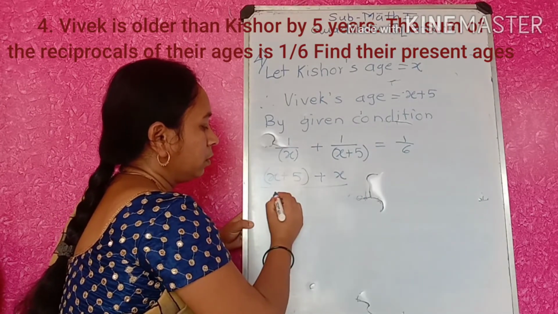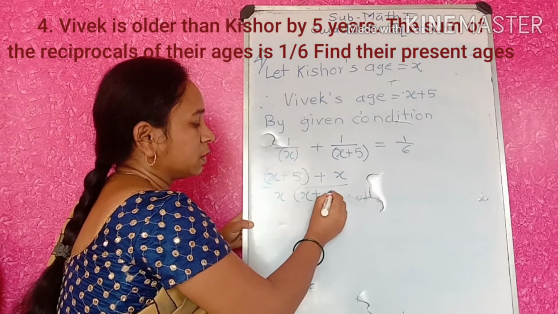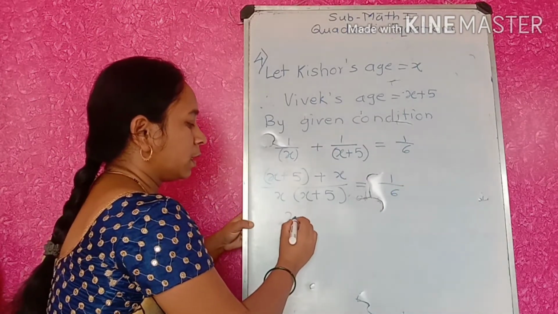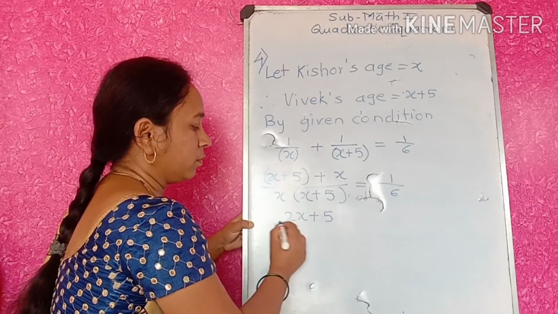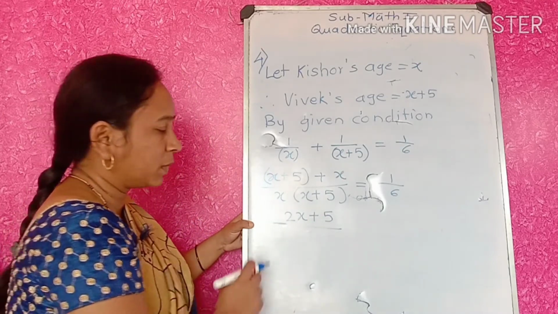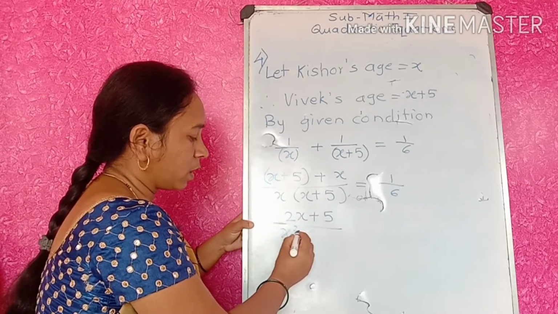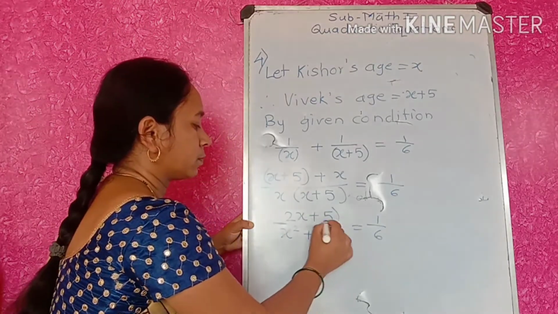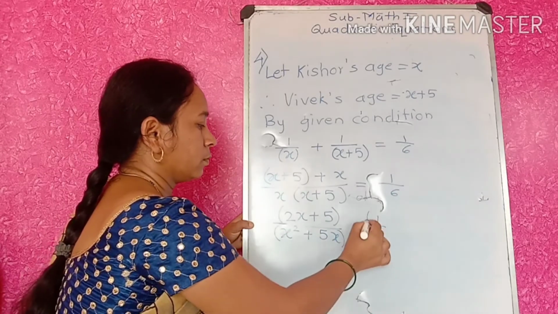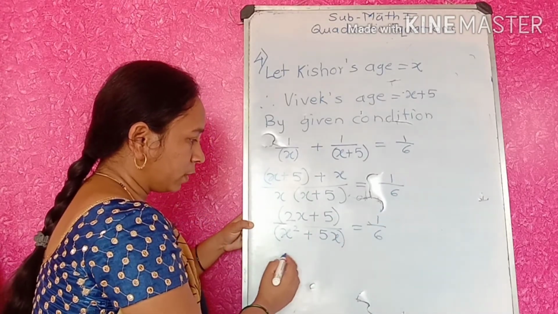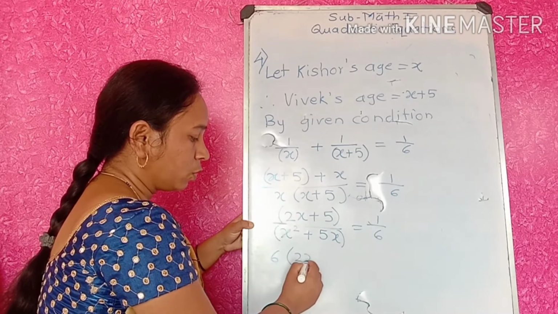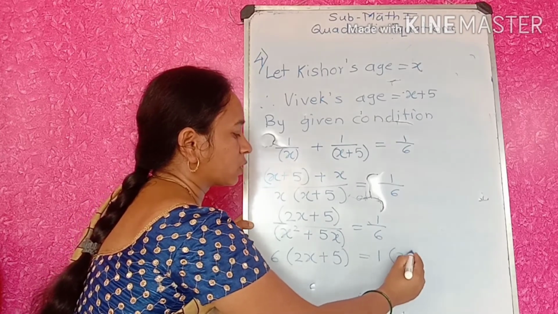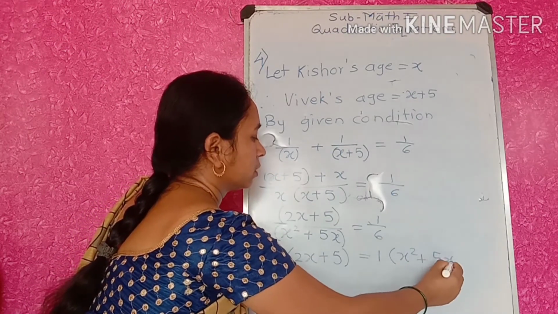x plus x plus 5 upon x into x plus 5 is equal to 1/6. Here you will get 2x plus 5, and in the denominator multiply inside the bracket, so x square plus 5x is equal to 1/6. Multiply it, you will get 6 into 2x plus 5 is equal to 1 into x square plus 5x.